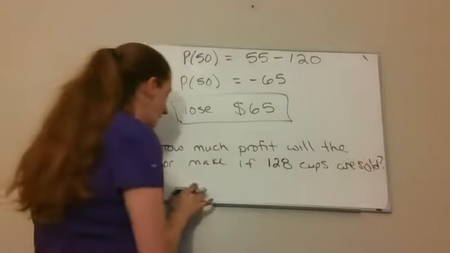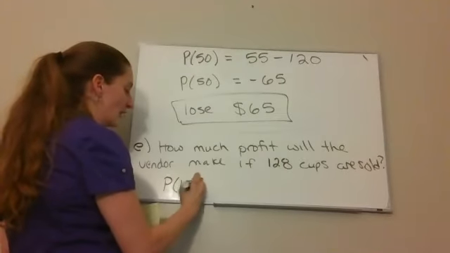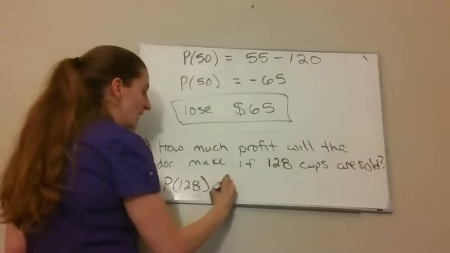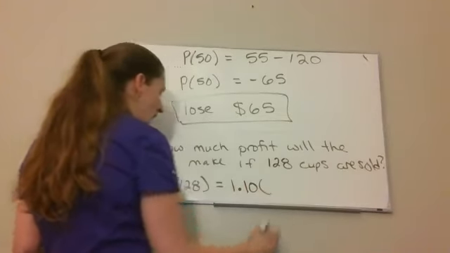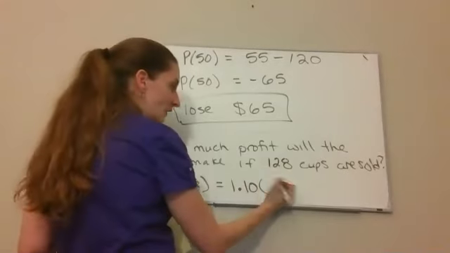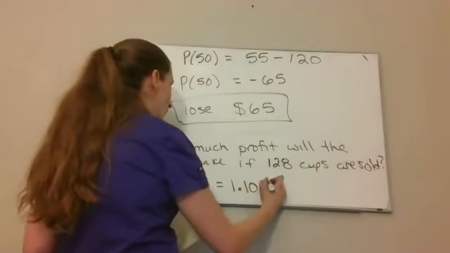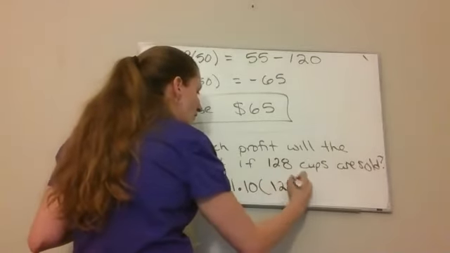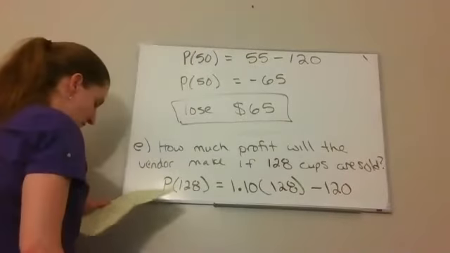Well, we get to do the same thing that we did in part D, except we're evaluating with x equals 128 instead of x equals 50. So I get that my profit when we sell 128 cups of lemonade is 1.10 times that 128 minus 120.